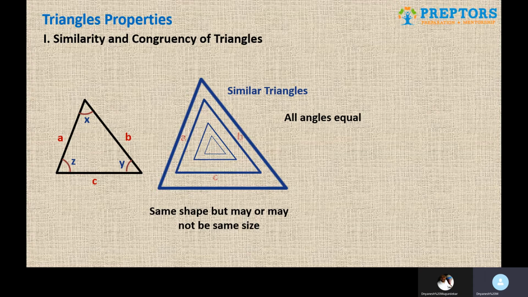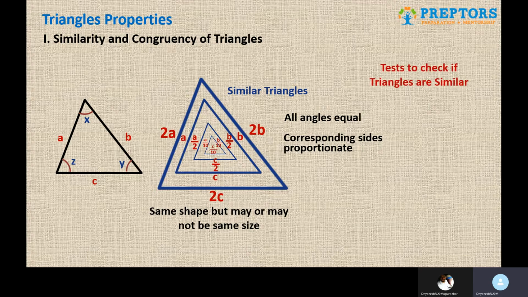So all the angles are the same, but the sides will be proportionate to whatever proportion you are thinking. If you are thinking half of the original side, the sides will also become half: a becomes a by 2, b becomes b by 2, etc. If you are thinking twice the original size, then obviously a becomes 2a, b becomes 2b, and so on. This is something that we will be majorly using, similarity.